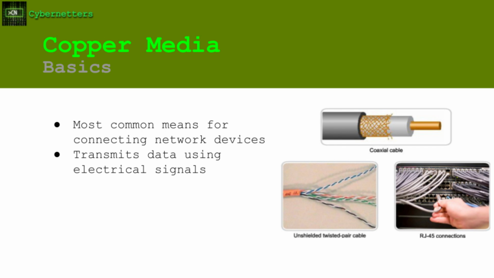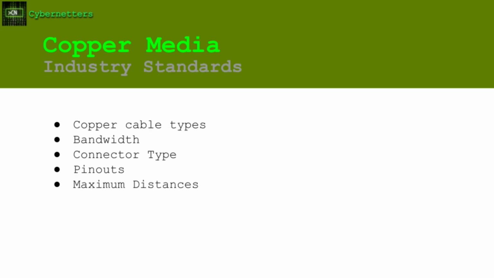It is used more in cable TV and older Ethernet networks. And then we also have the UTP cable and the RJ45 connections, which we'll go in depth about later in the video.